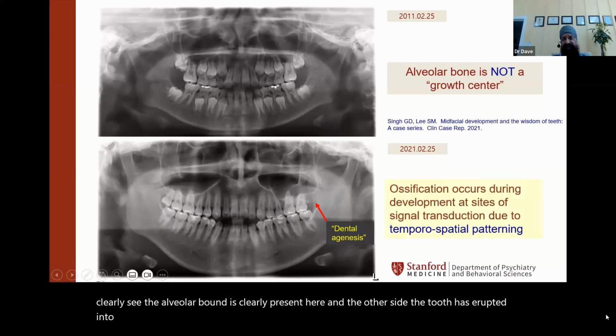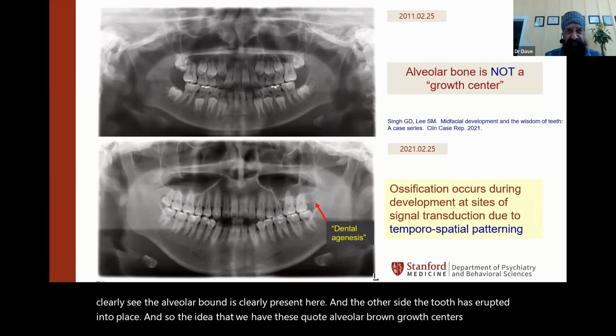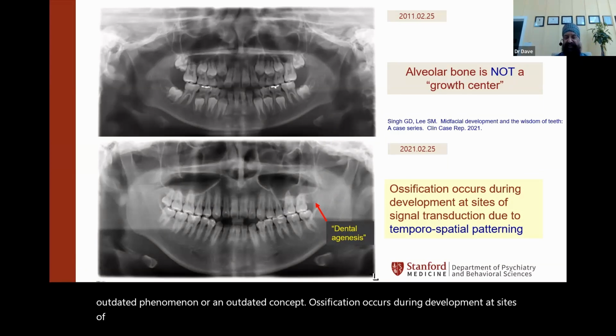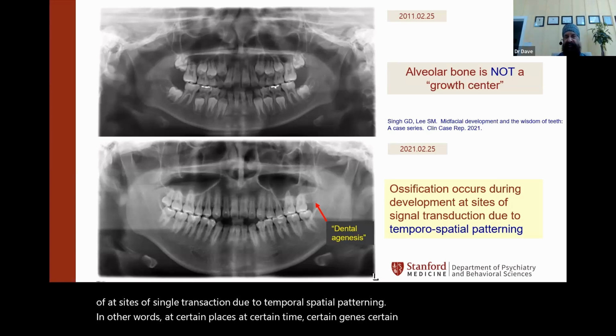So the idea that we have these, quote, alveolar bone growth centers is an outdated concept. Ossification occurs during development at sites of single track induction due to temporospatial patterning. In other words, at certain places at certain times, certain genes are switched on.